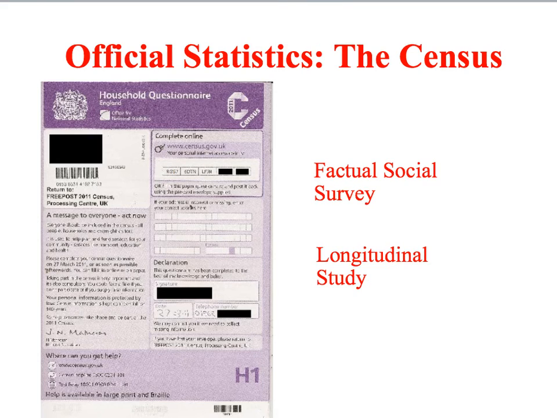As the census has been carried out every 10 years since 1801, with the exception of 1941 during World War II, it's also in effect a longitudinal study of the entire population. The census enables researchers to trace broad patterns of social change and to make comparisons between the social conditions of one period and another.